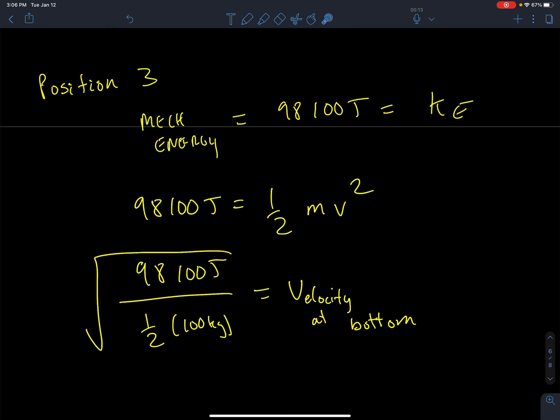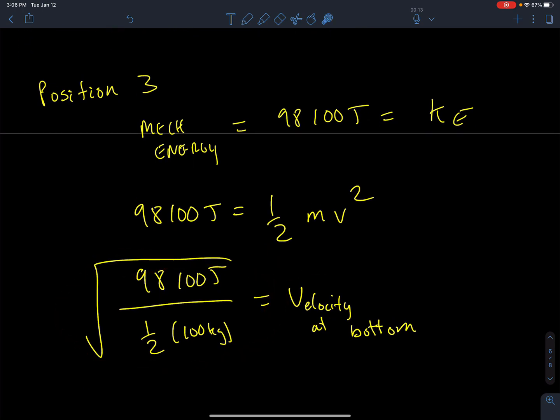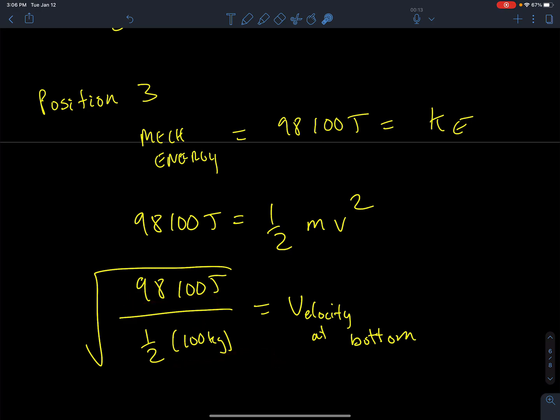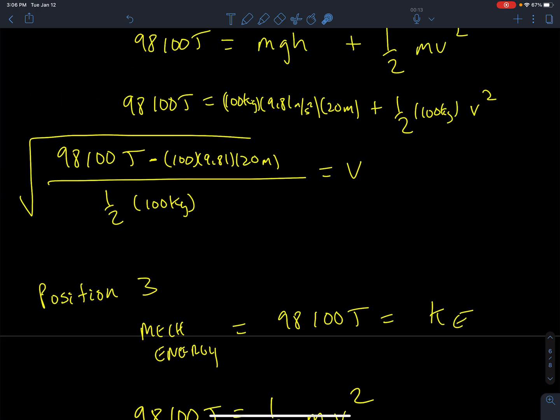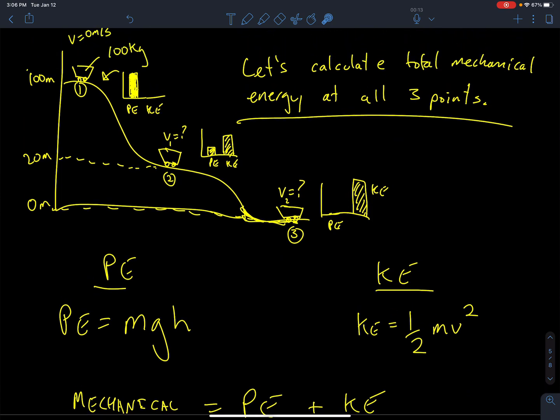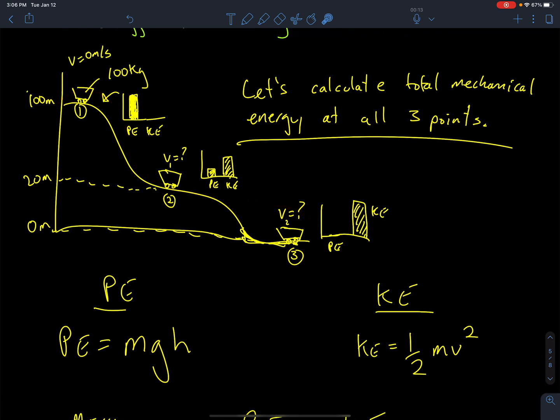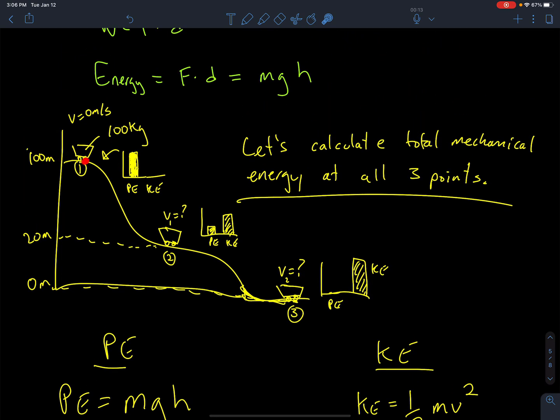Now I didn't solve these on purpose, so that you can take a look and try to figure out, does the velocity grow as the roller coaster reaches the bottom? But the important thing in this little video is to understand that mechanical energy of a system is the sum of its potential and its kinetic energy. And that mechanical energy is conserved as long as the system is isolated. None of the energy can go in or out.